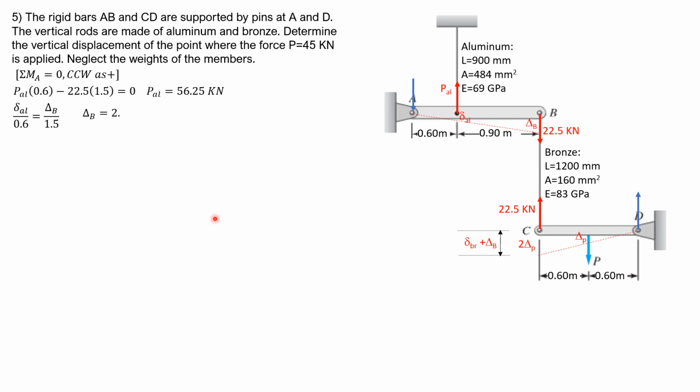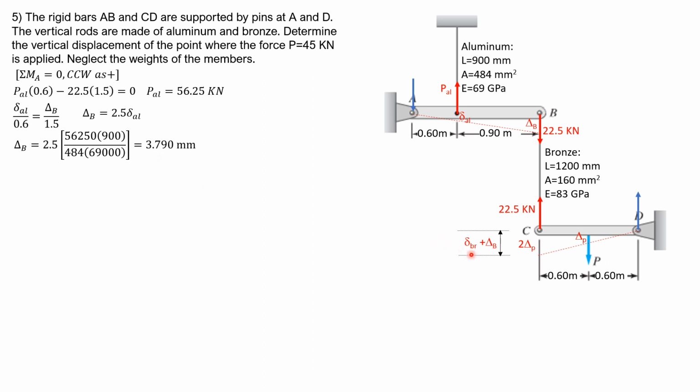So that means delta B is 2.5 times the deflection of aluminum, and the deflection of aluminum is equal to 56,250 newtons times length 900 divided by area times E. So 484 times 69,000 megapascals. So that this is in mm, then times 2.5, so 3.79 mm.